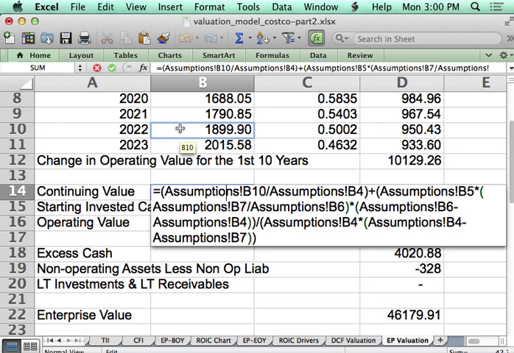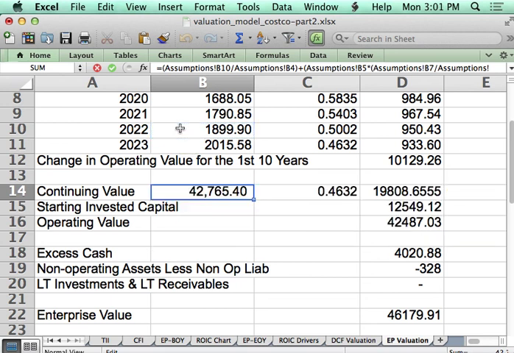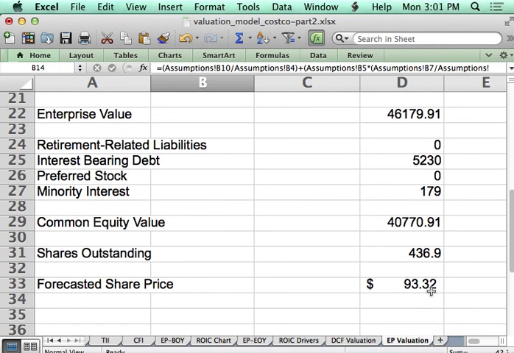That's why it's so important to understand the multiples and the analyst expectations about what people think is going to happen with the company in the future and how we put that all together. So that's what we're going to do in our next session. This is going to complete us for today. So today you just have to have a 93.32 share price. And then we'll pick up from here.